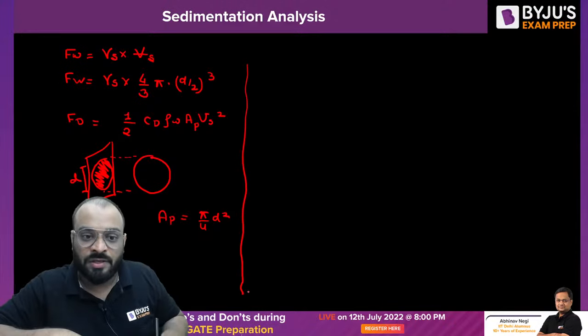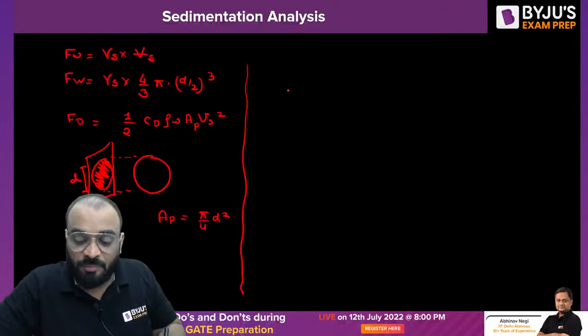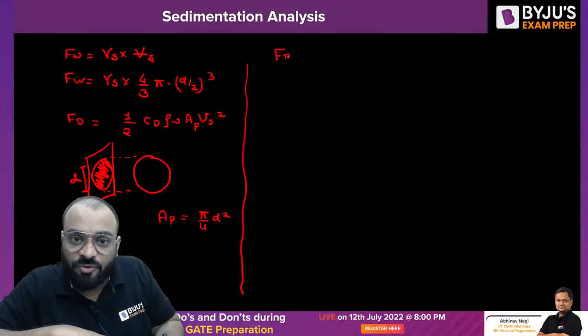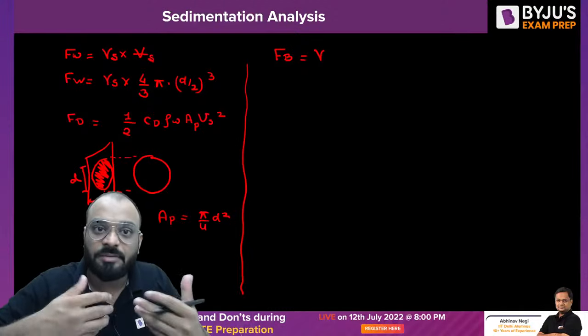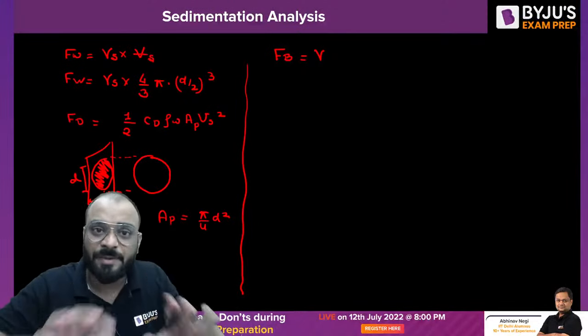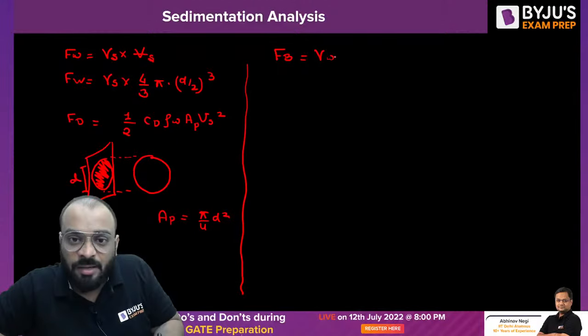Clear? Okay sir. The next thing is basically your buoyant weight. So buoyant force is equal to how much? We can write here, guys, the weight of water which is displaced by that particular object which is present in the water itself. That is nothing but the buoyant force. So you can write here gamma W into volume of solid particle.